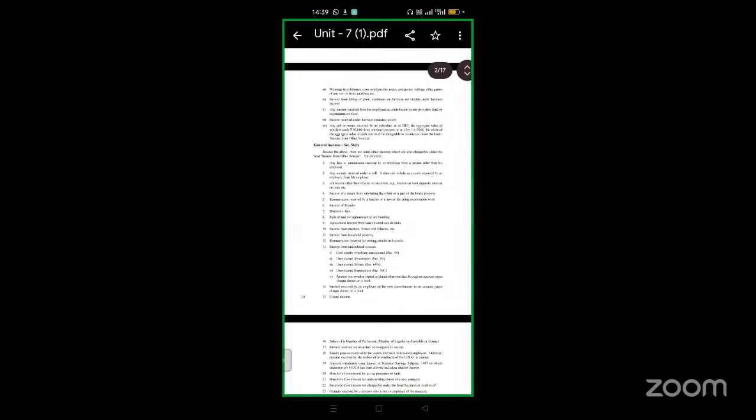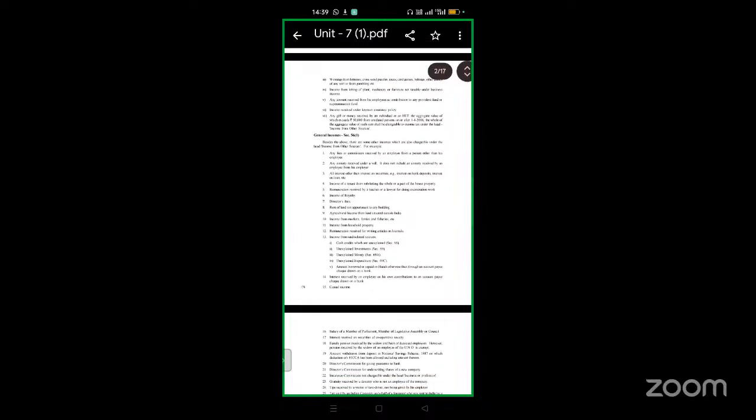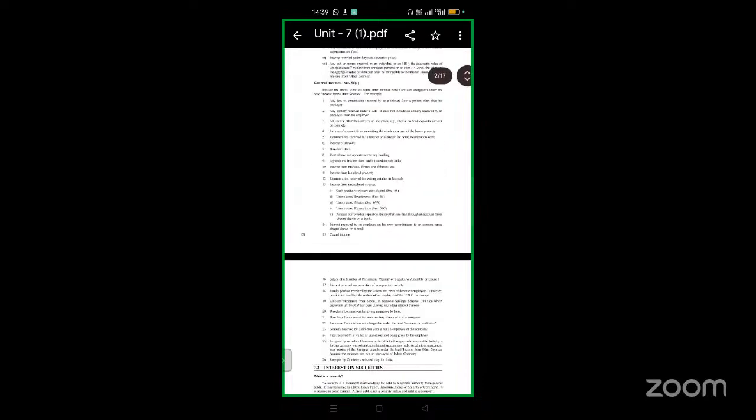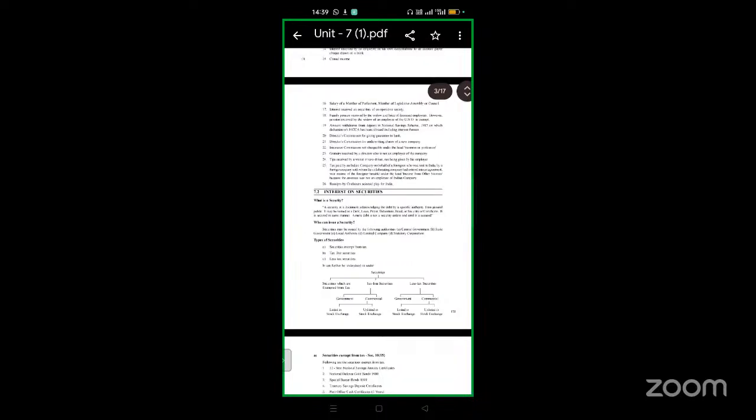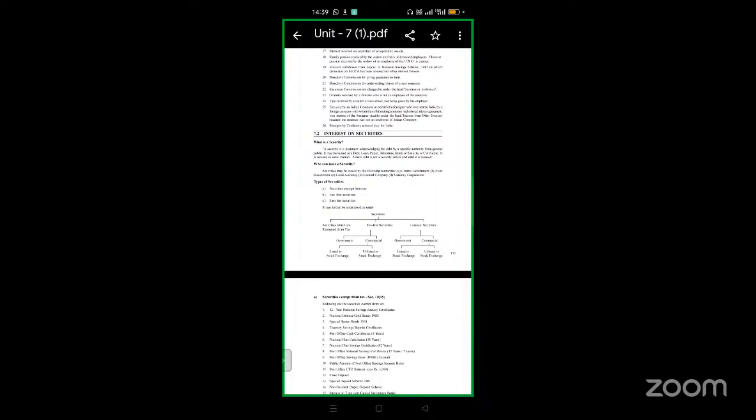Especially we talk about interest on securities. Here securities may mean any debt, loan, paper, debenture, bond, security, or certificate. We have three types of securities: securities exempt from tax, tax-free securities, and less-tax securities.